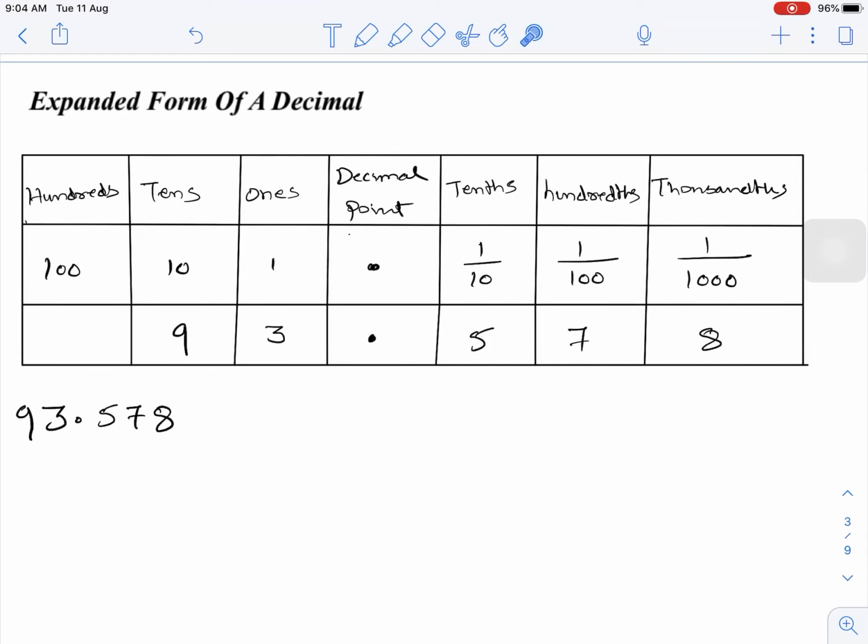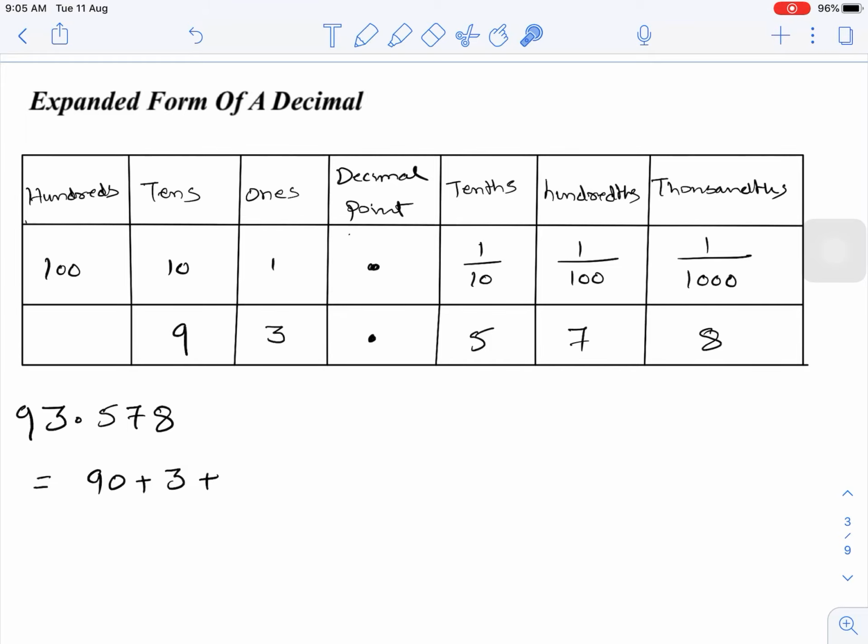Now how to write this number in expanded form? Very easy. We have already learned how to write numbers in expanded form. The place value of 9 is tens, so you can write it this way: 90 plus. Then the place value of 3 is ones, so we can just write 3 plus.